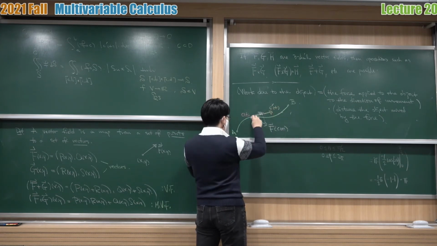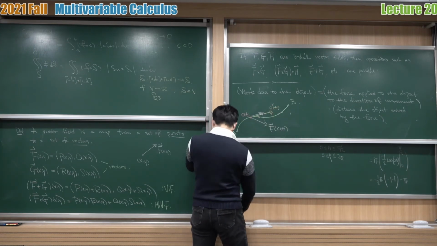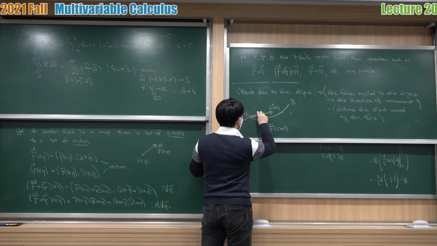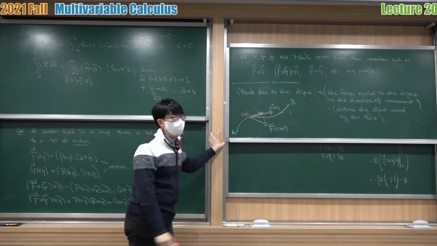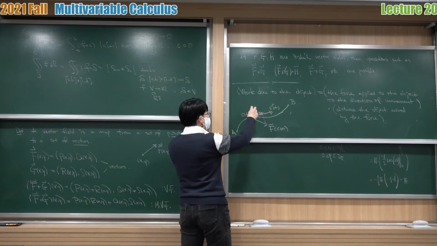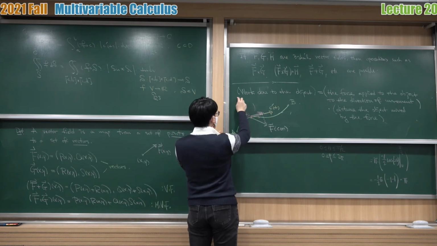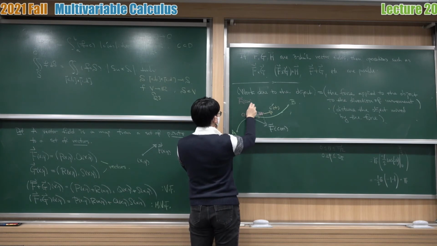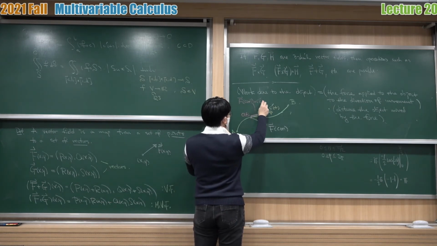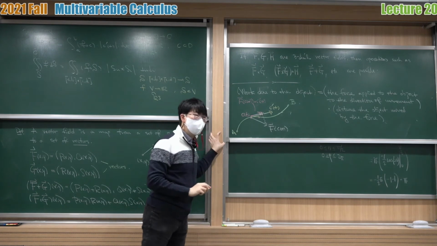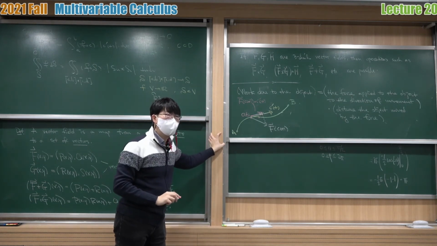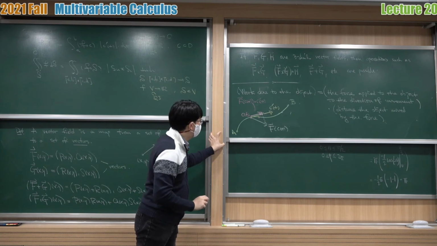And how do we get this portion of the force? Dot product. Good. So F(Ct) dot C prime t. Is it enough? Times delta t.